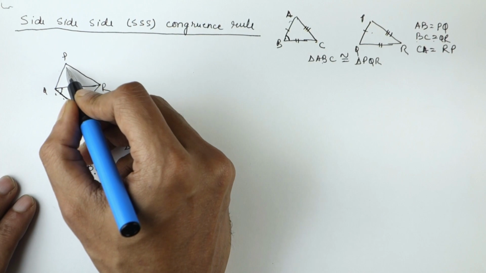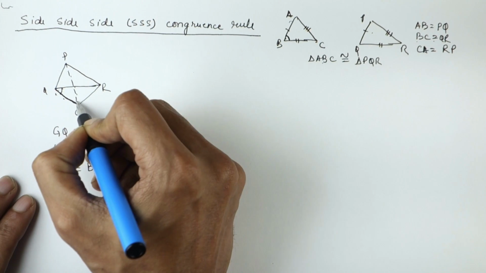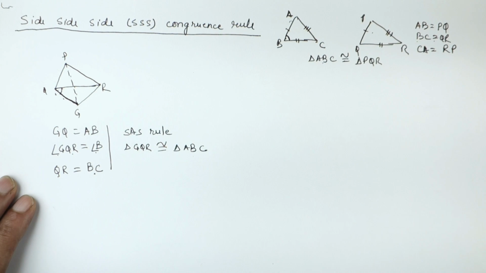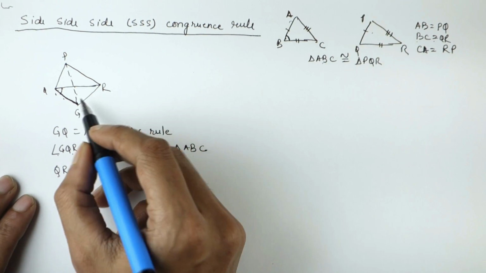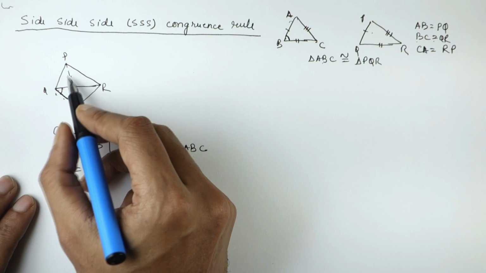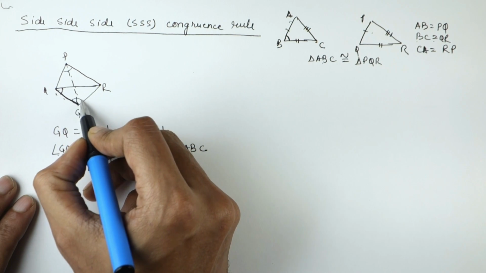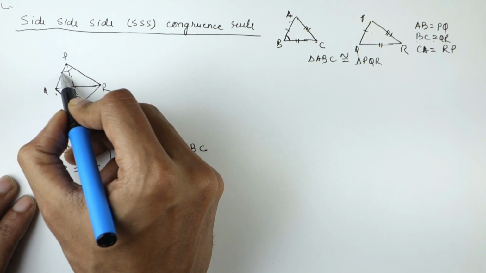Before that, let us join point P to point G. Through this small construction, what we will try and achieve is to prove that these two angles are of equal value.